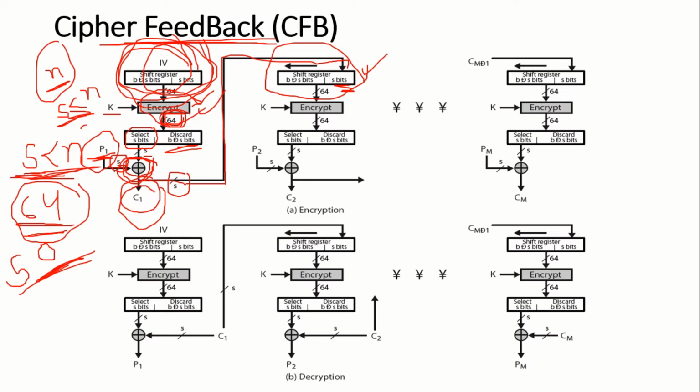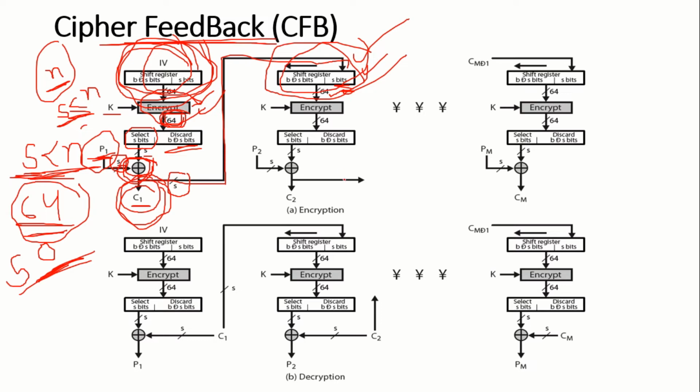So we can feed these s bits of the cipher block 1 into this register now. So this register will be having some bits which were initially in it, and all of the s bits which we have fed back from the C1. As a result, in total we'll be having 64 bits in it, or in a generalized way, b bits.